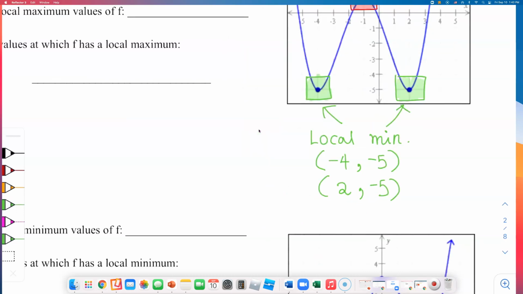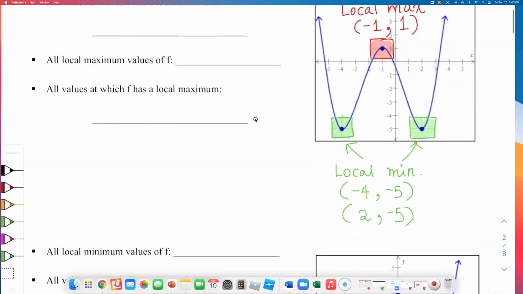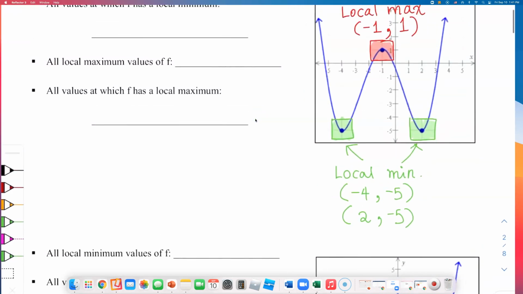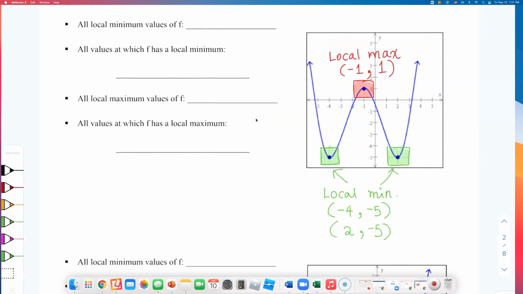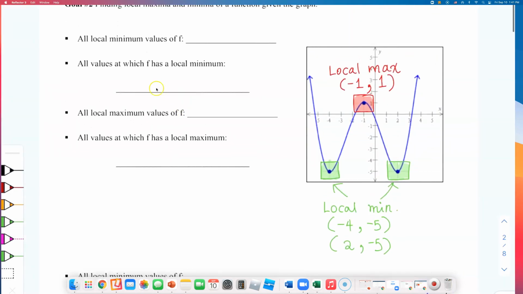So I start by identifying the x and y coordinates of these, because what they will ask is based on the wording. They're going to ask for the x coordinate or the y coordinate. So let me start with the very first one here. Find all local minimum values of f. So it's the green ones that we wrote down.